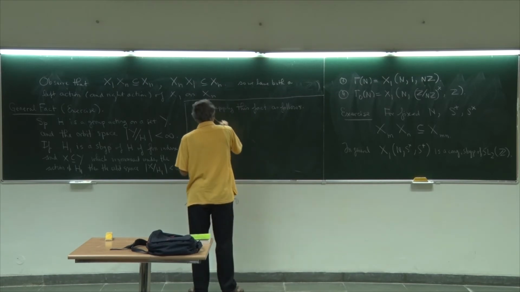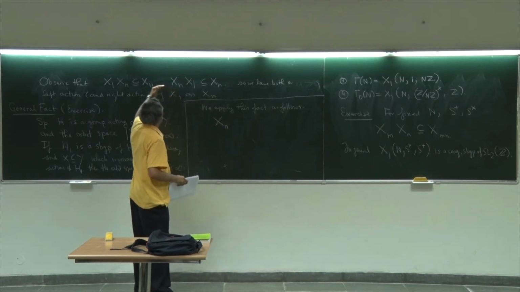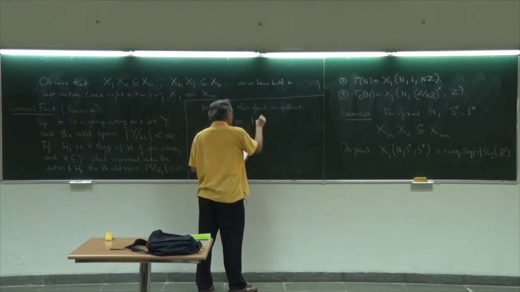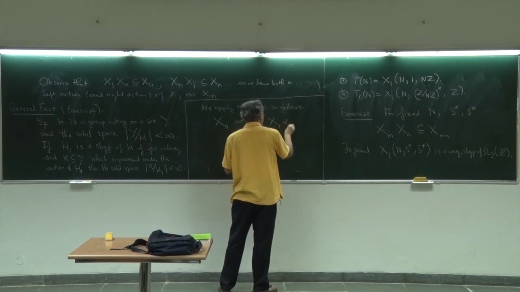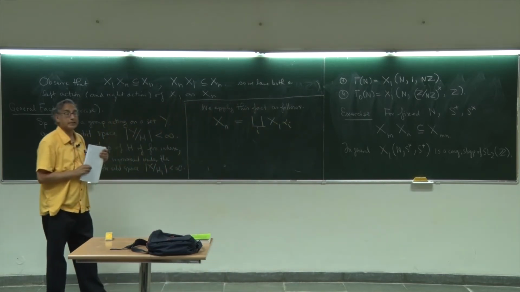We have X_n being acted on by X_1, so we can decompose X_n as a bunch of these orbits.